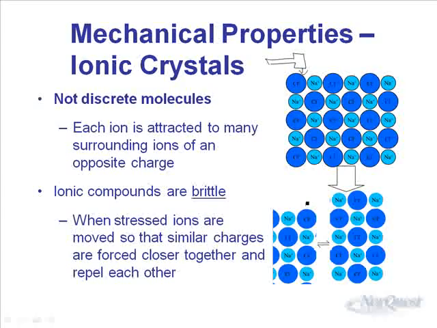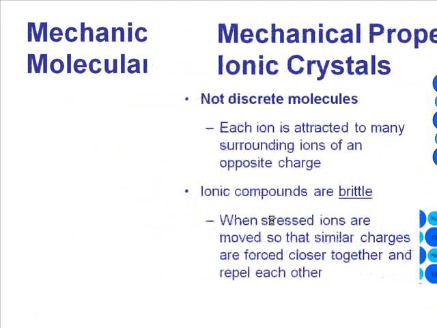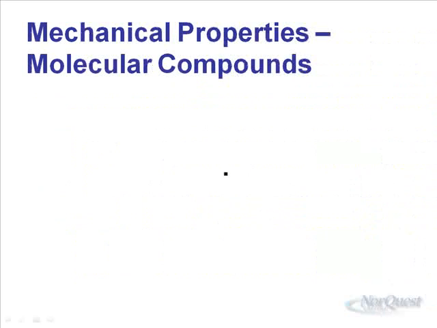When we do this, we temporarily line up ions of the same charge, and that causes them to push away from each other. And that's what makes crystals brittle. Most crystals you can break along certain fracture lines, and the reason they fracture in certain directions has to do with when these like charges line up with each other. So ionic compounds are brittle.